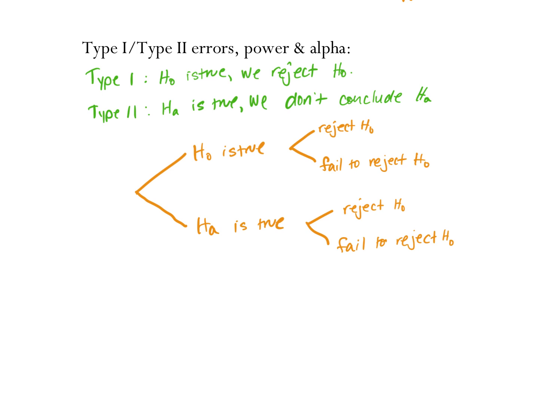All right, so if the null is true, but I reject the null, as we just said, that is a type 1 error. If the null is true and I fail to reject the null, I am making the correct decision.